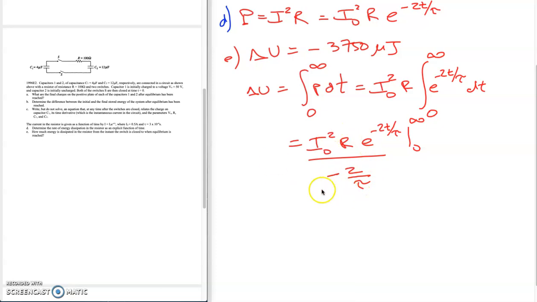When you do all of this, you get the positive version of 3750 microjoules, because part B is how much energy did we lose from beginning to end, and part E is how much energy got turned into heat. It's the same question, just missing a minus sign.